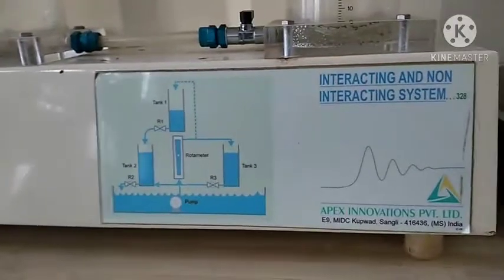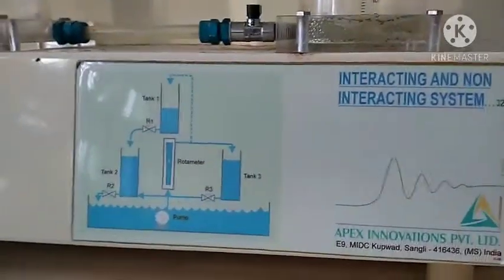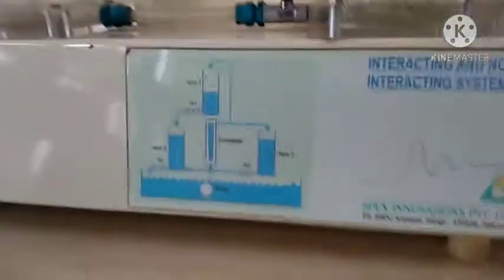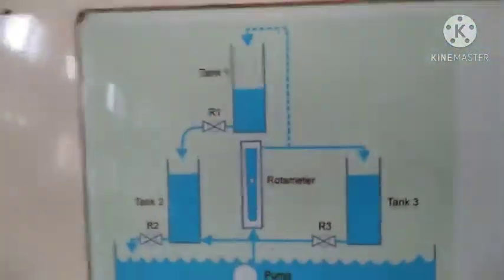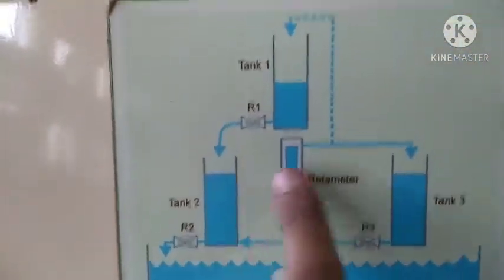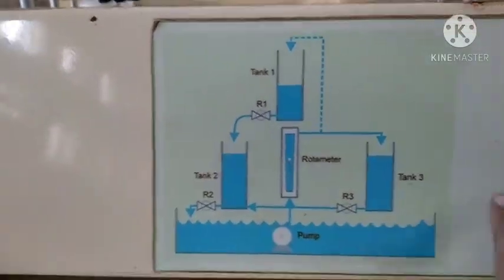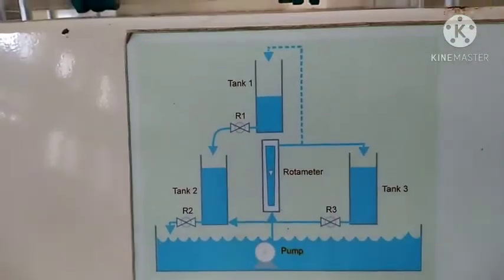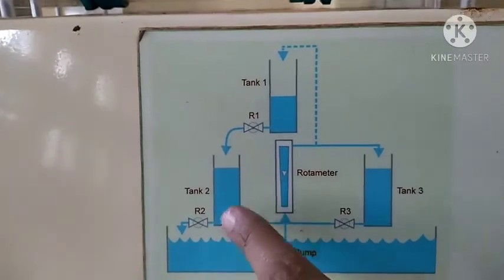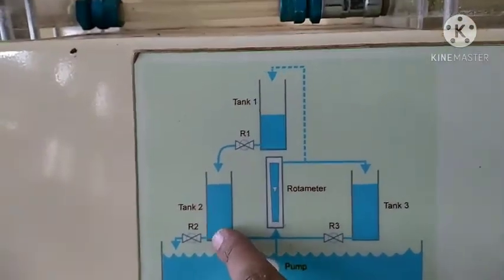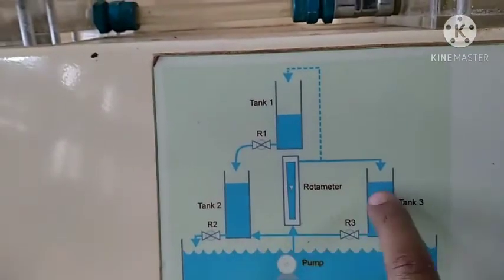Interacting and non-interacting system. So in the interacting system, the tanks get connected. So this is tank 1, tank 2 and tank 3. What is interacting? Interacting means tank 1 and tank 2 are interacting.